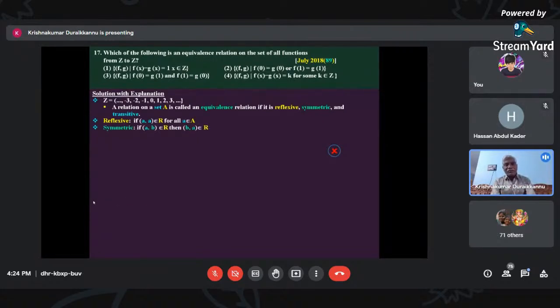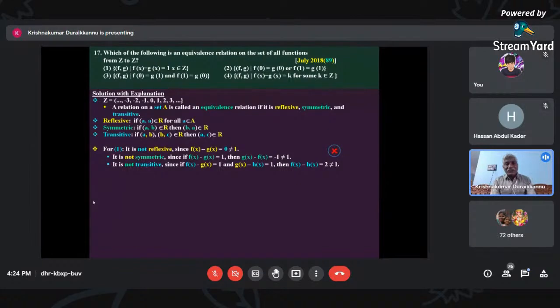Symmetric: if (a, b) belongs to R, then (b, a) should also belong to R. If (1, 2) is present, (2, 1) must be present. Transitive: if (a, b) and (b, c) belong to R, then (a, c) belongs to R. So if (1, 2) and (2, 3) are present, (1, 3) should be present.